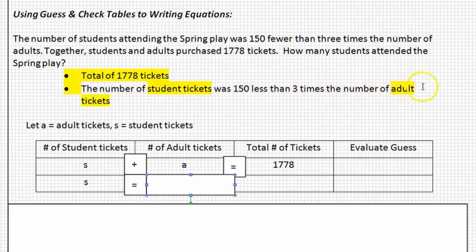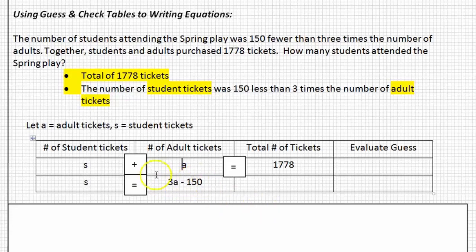Well, I know that 3 times the number of adult tickets, I just say 3A, right? And from that, 150 less than means that I have to subtract 150. So the expression would probably look something like this: the number of student tickets equals 3 times the number of adult tickets minus 150.